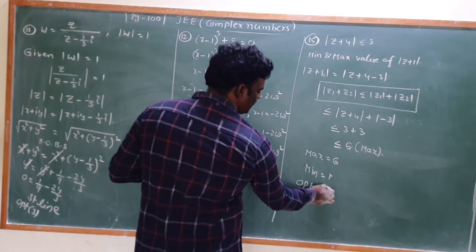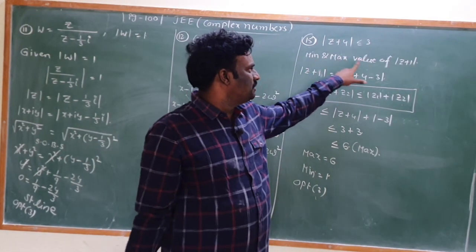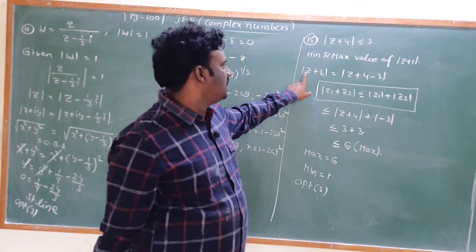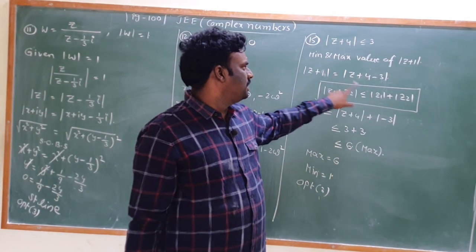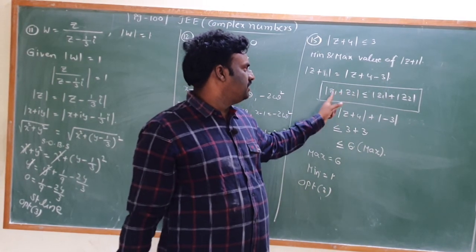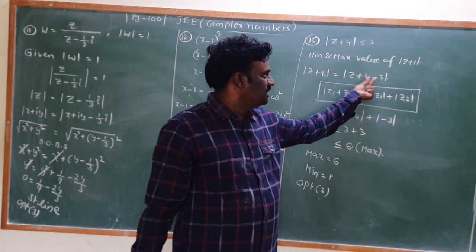Once again, listen, I will explain this. This condition is given. We need to find the minimum and maximum of z plus 1. First, the maximum. Z plus 1 can be written as z plus 4 minus 3. So, we have one formula: modulus of z1 plus z2 is less than or equal to mod z1 plus mod z2. This is z1, this is z2.